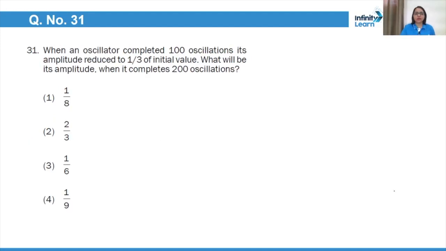Question number 31. When an oscillator completed 100 oscillations, its amplitude reduced to 1 by 3 of its initial value. So this is a damping case. A can be written as A naught e power minus gamma t. In 100 oscillations, time taken will be 100 times the time period of one oscillation.